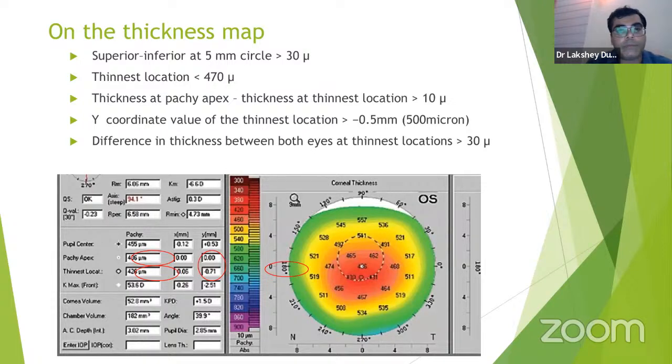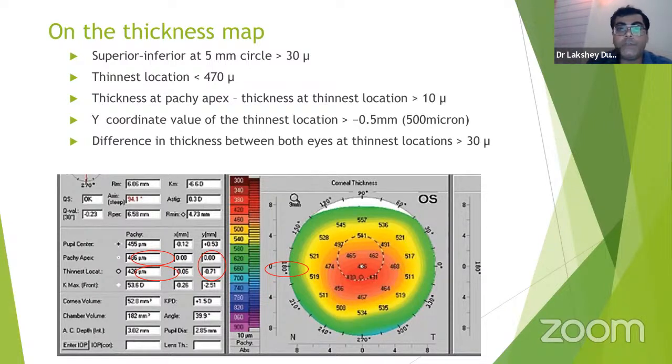On the thickness map, if the superior-inferior difference at the 5 mm circle is more than 30 microns, the thinnest location is less than 470 microns, or the thickness at the apex minus thickness at the thinnest location is more than 10 microns.